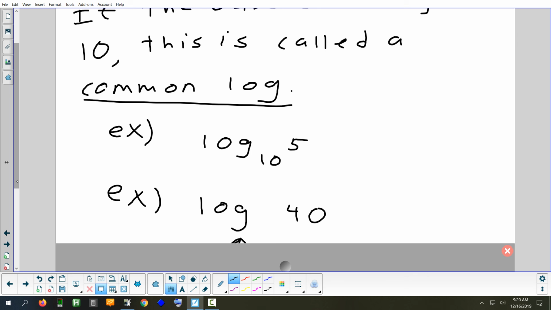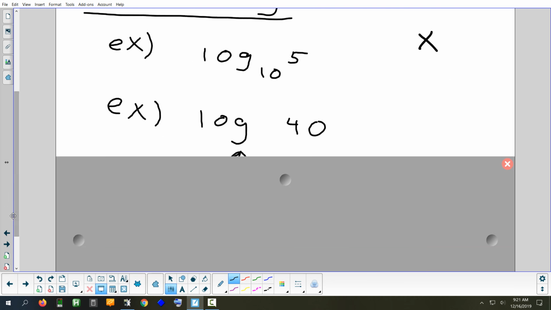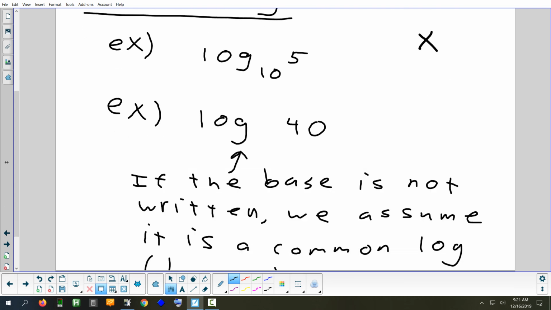That's fine. You may say the number in front is missing. No, it's there. You don't write it. Like what number is always in front of a variable if you don't write it? 1. Same idea. If you write a log and you don't put the base, we assume it's a 10. Just like if you put an x and you don't write a number, we assume it's a 1.